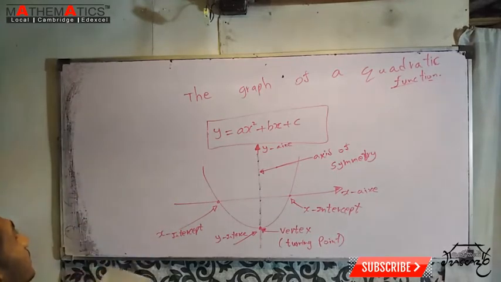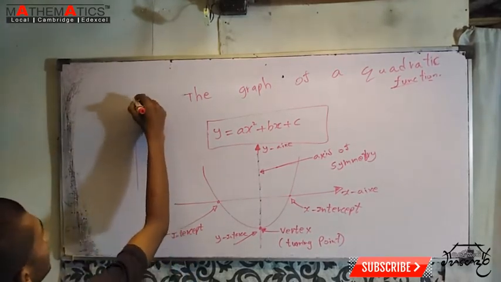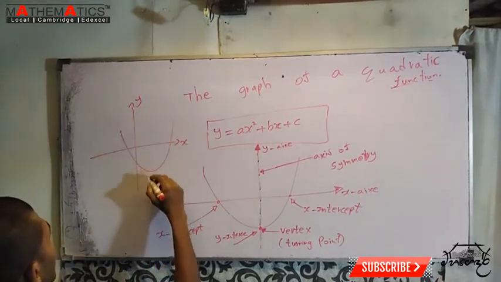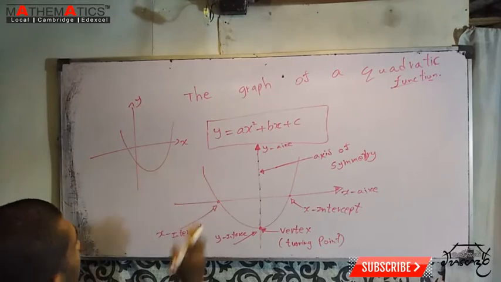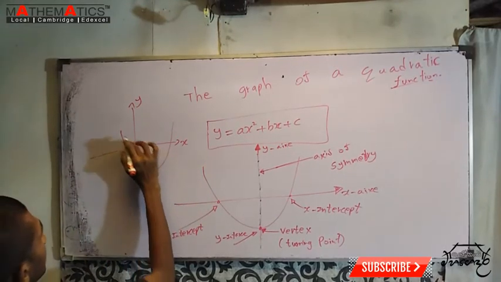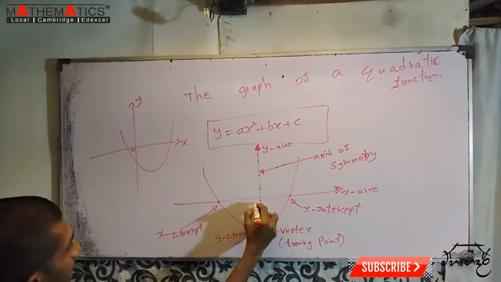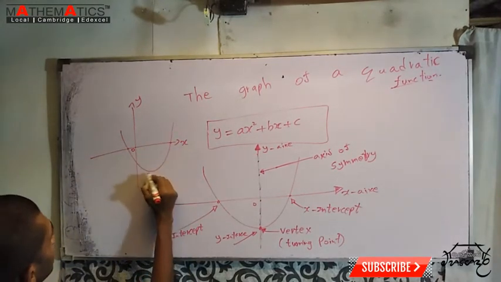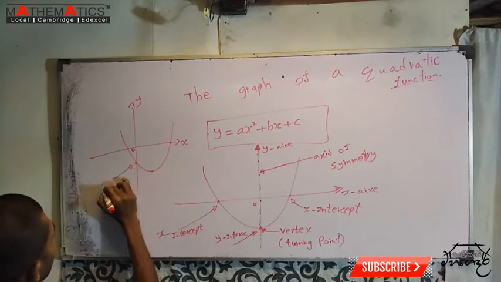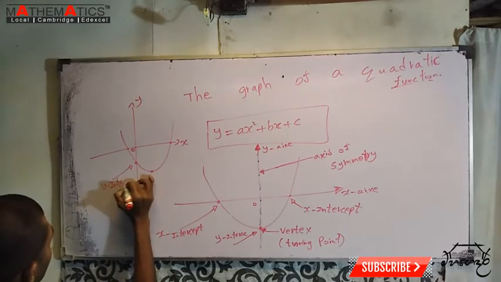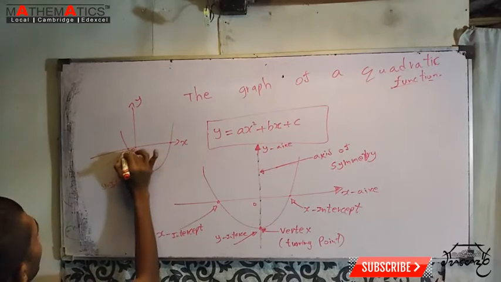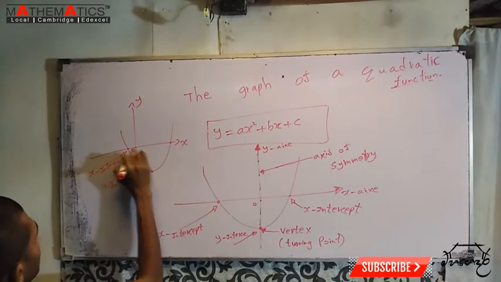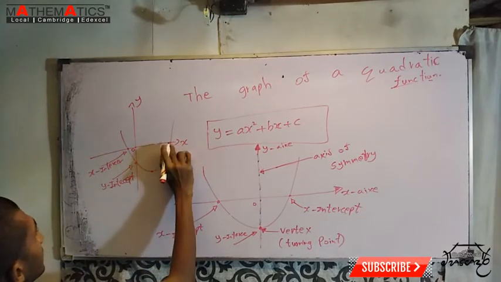And again I will explain another type of graph. It has been shifted to the right side. You know about these places: the y-intercept and the x-intercepts here.